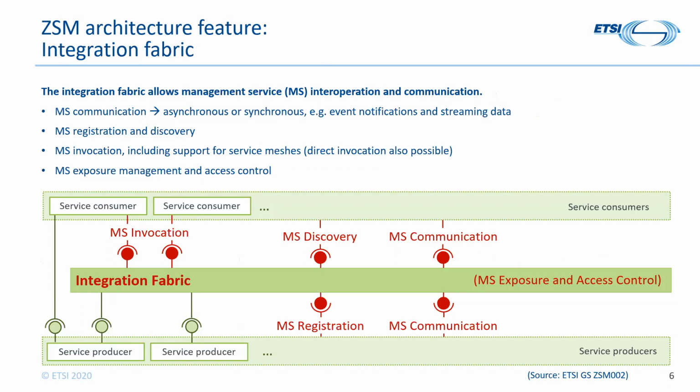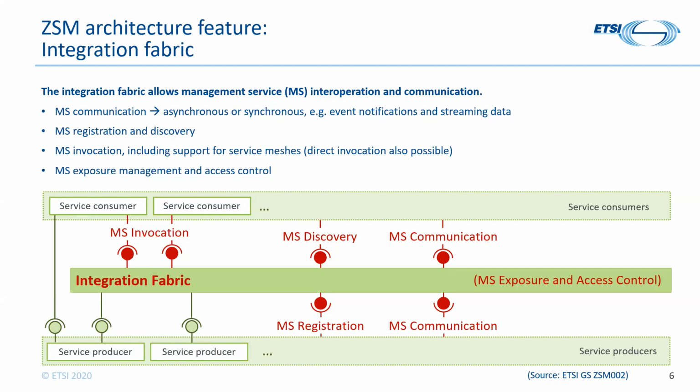Communication between the management domains should go through the integration fabric. The integration fabric is responsible for authenticating and authorizing both the producers and consumers for the services. It provides service registration and discovery functions.